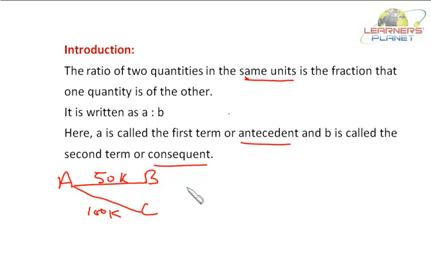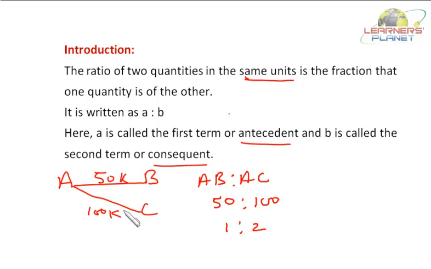Now if I have to make the comparison of AB and AC, I'll be finding the ratio of distance of AB to AC. So it is 50 is to 100, that is 1 is to 2. That means the distance of AC is double of AB. Here I can make the comparison since both the distances are carrying the same units.